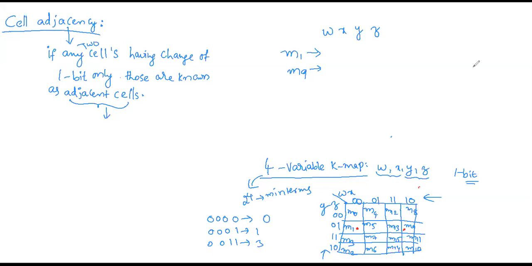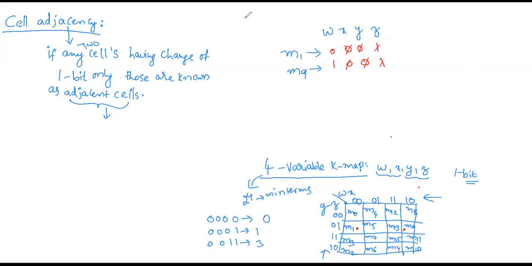M1 is 0, 0, 0, 1. M9 is 1, 0, 0, 1. So 0, 0 is there, 0, 0 is there, 1, 1 is there.